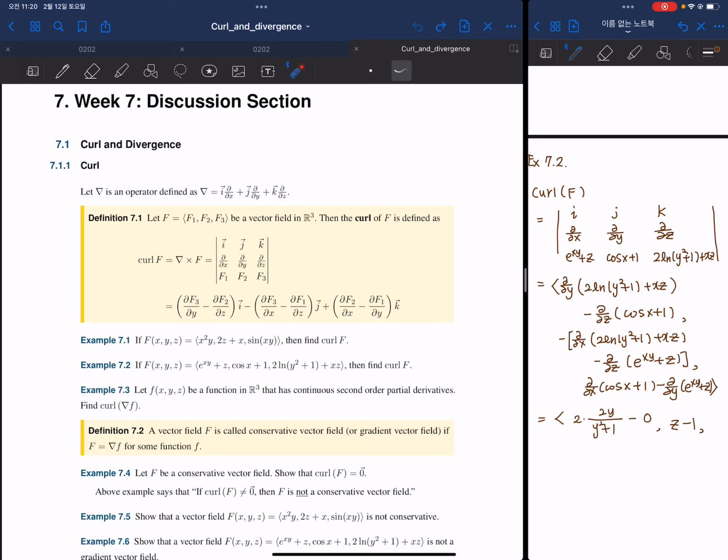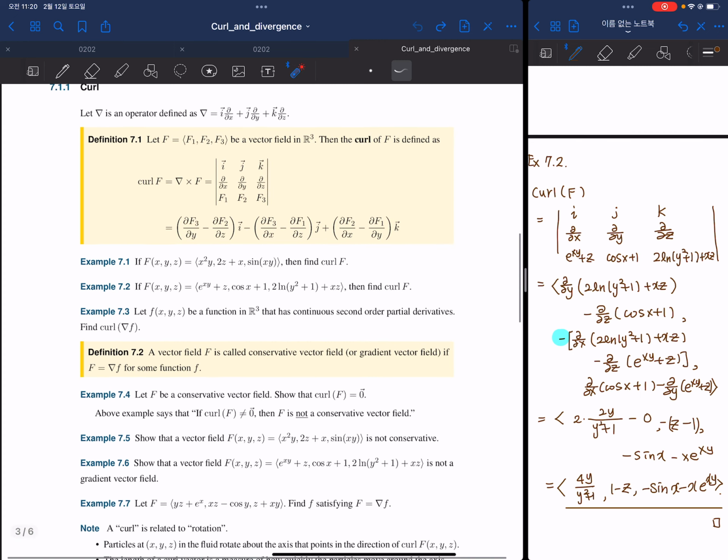Okay, the last coordinate is negative sine x, and then minus e to the xy, and we have x. I think also I missed this negative sign here, so let's just use negative here. So we can say our curl is 4y over y squared plus 1, and then 1 minus z, and then negative sine x minus x e to the xy. So it is our curl of f.